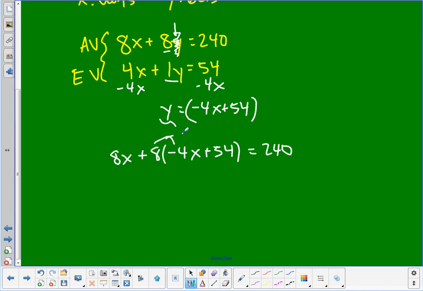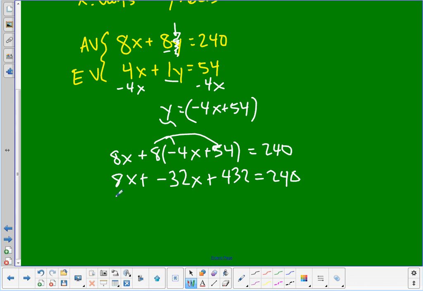And then when I distribute that, 8x, oops, sorry, plus is what I meant to put, plus, there we go, negative 32x, because 8 times negative 4 is negative 32, and then plus 8 times 54, which gives me 432. That was a 54, by the way, in case that looked like a 34, it was 54. 432 is equal to 240.